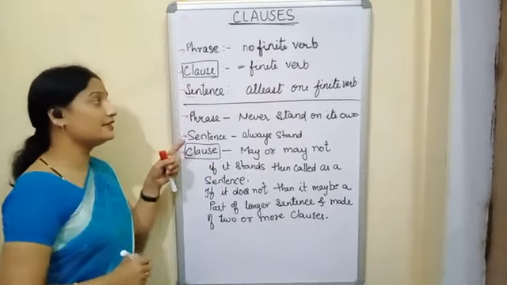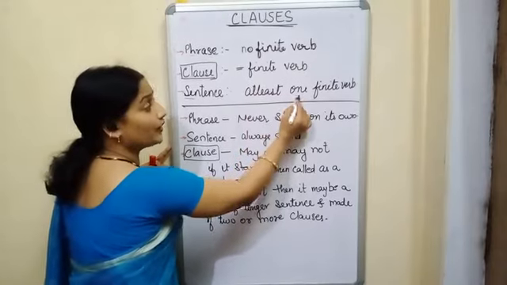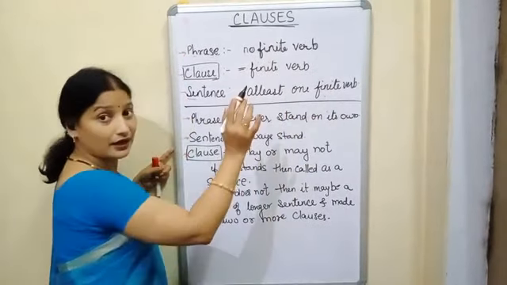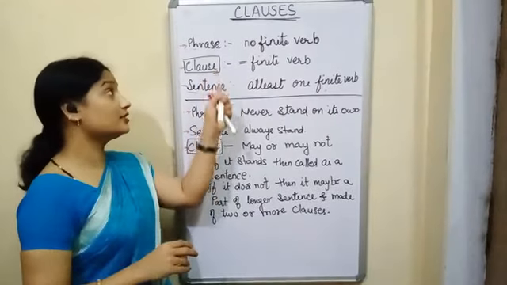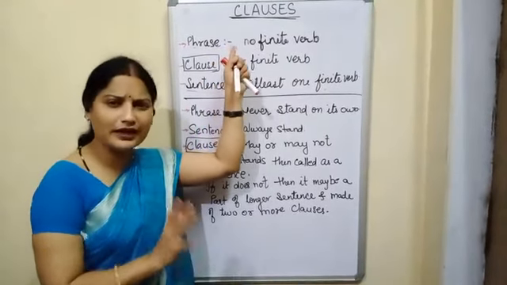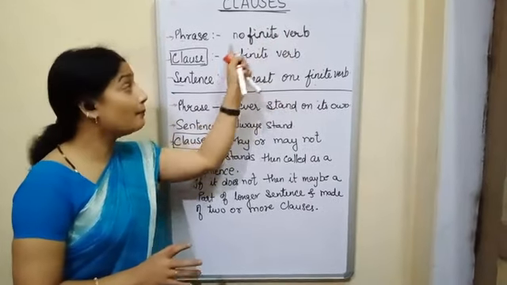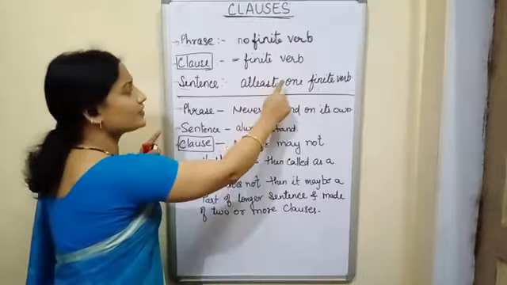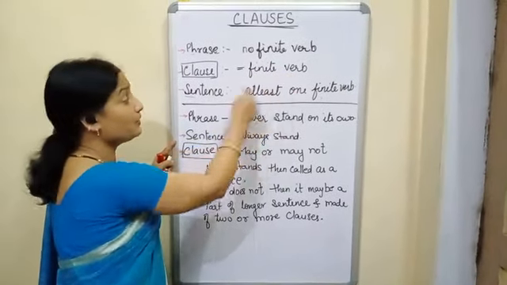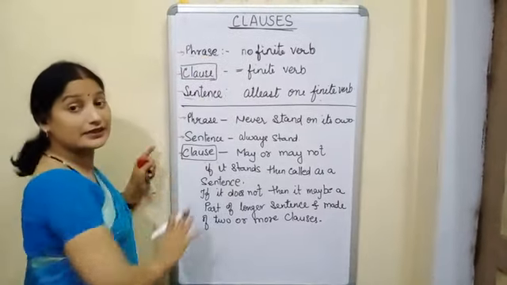In the case of a sentence, the sentence should have at least one finite verb. So, by this we can see the difference between the three. It is very clear. There is no verb in the case of a phrase. But there is a verb in the case of a clause, and at least one verb should be there in the case of a sentence. This is the first basic difference.